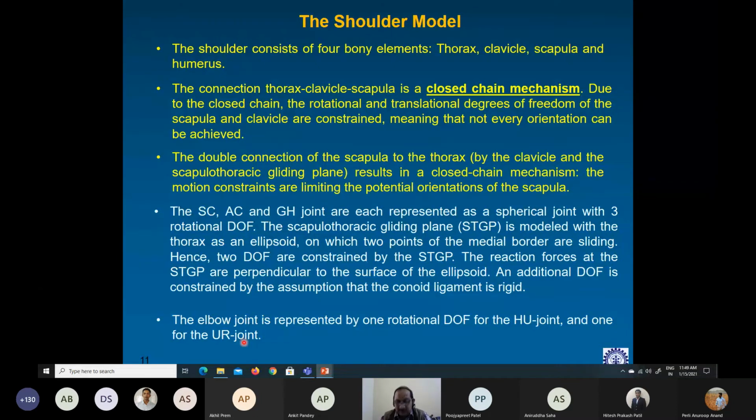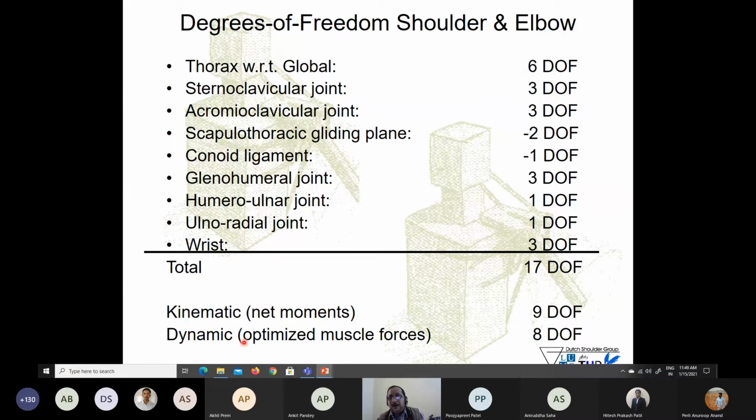So with this conception, we summarize in form of numbers what are the degrees of freedom in the whole shoulder elbow complex. So degrees of freedom of the shoulder and elbow.